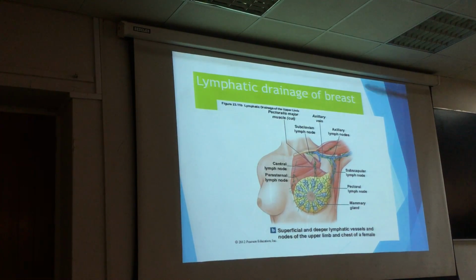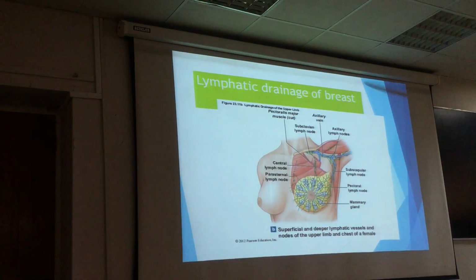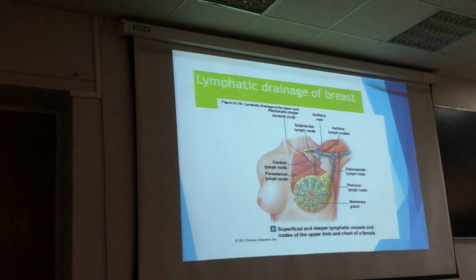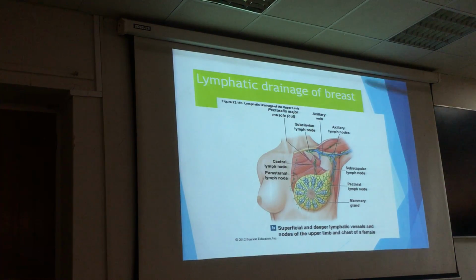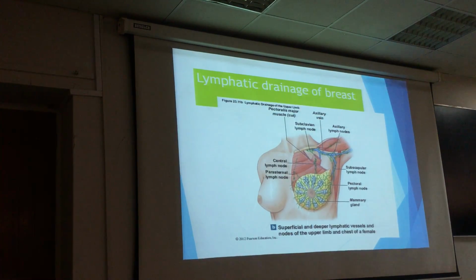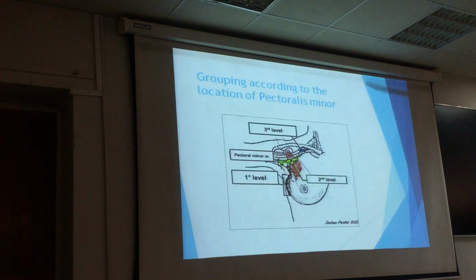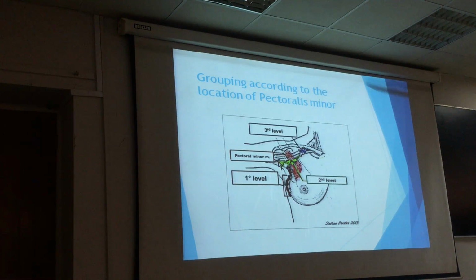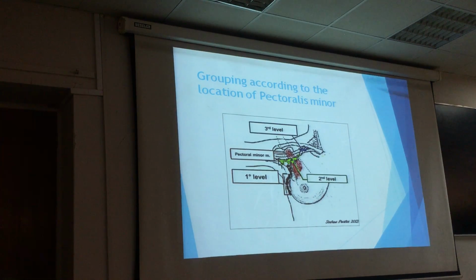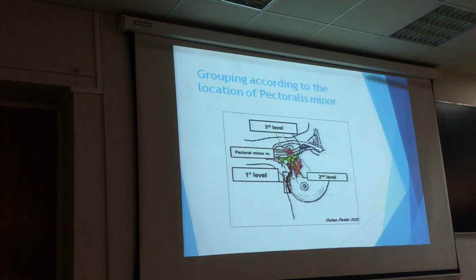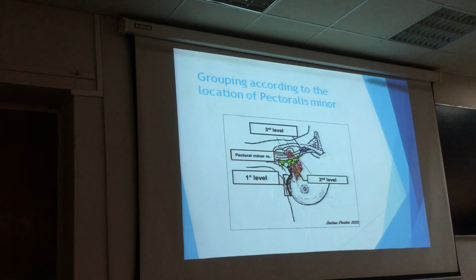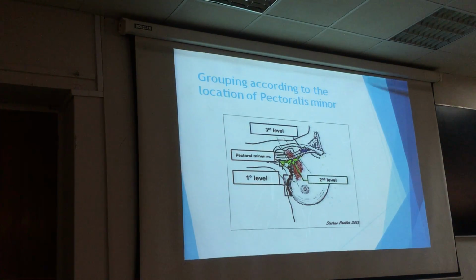This is the mammary gland, which is very important. Again, I told you that most of the drainage of the mammary gland is into the inferior or the pectoral group of the axillary lymph nodes. Although there are other sets which we will do with the breast, we have a criterion in which we divide the lymph nodes into 3 levels, and that is according to the pectoralis minor muscle. We classify them as the first level.